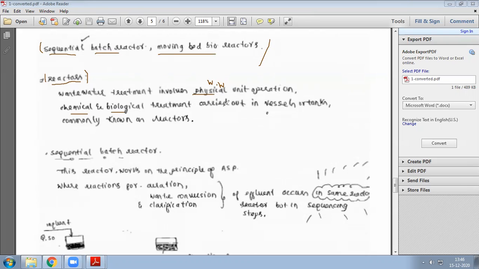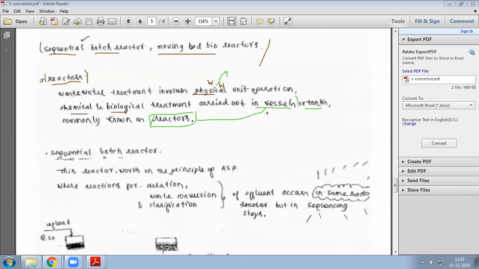Because of all these things, your wastewater is being treated. So when everything is happening in one vessel, one capsule or tank, we call it a reactor. Everything is happening there. They will manufacture it like that. So that is a reactor.